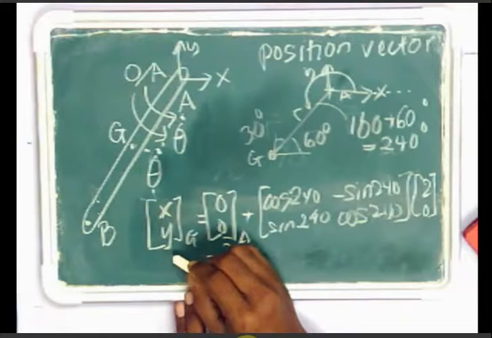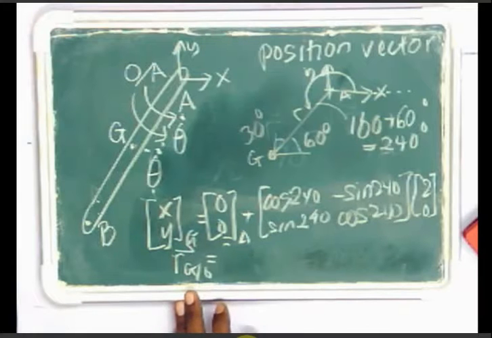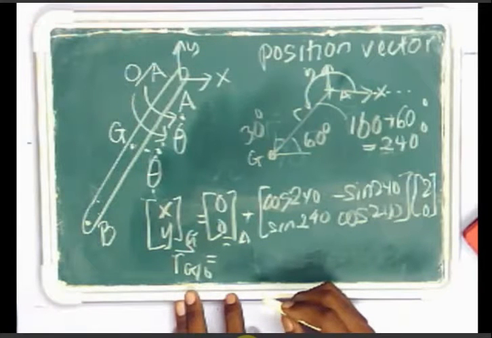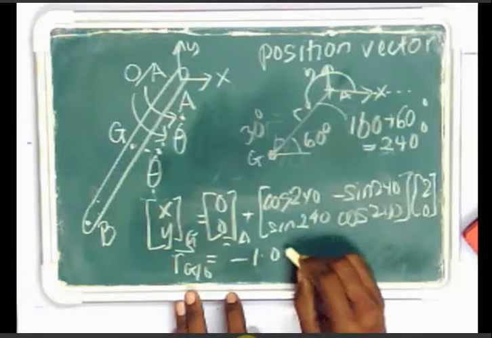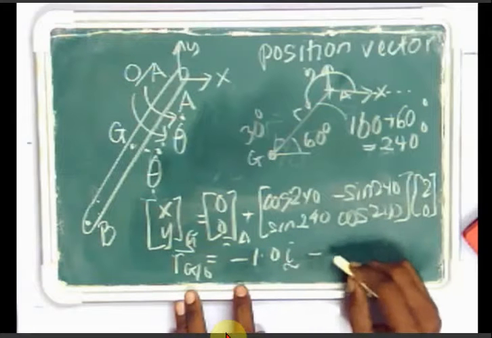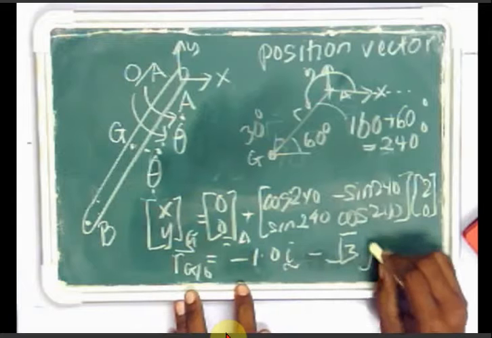R G/O is minus 1.0i minus square root 3 j.